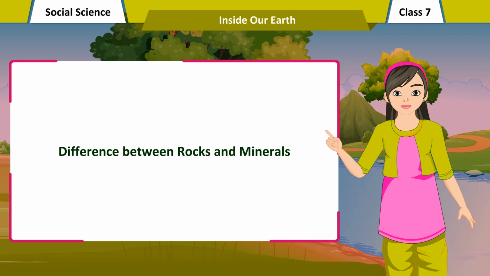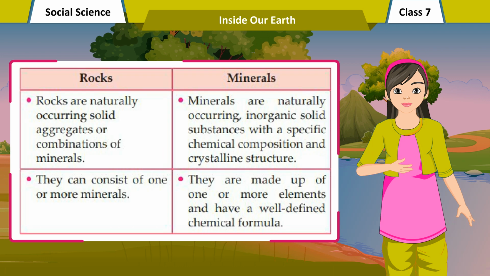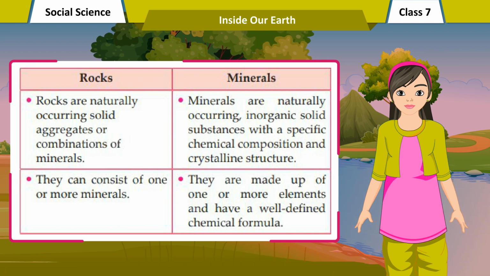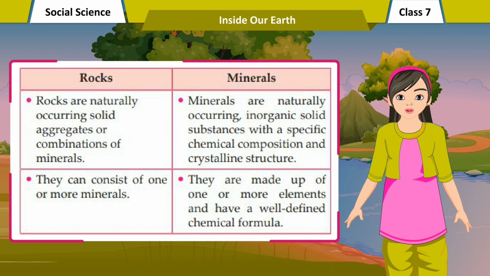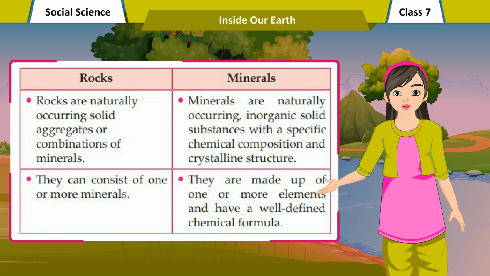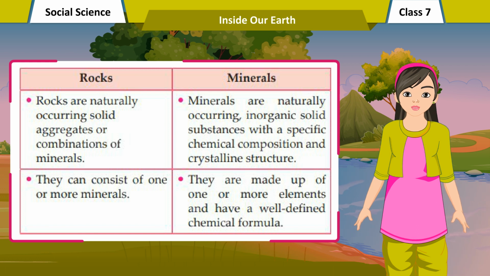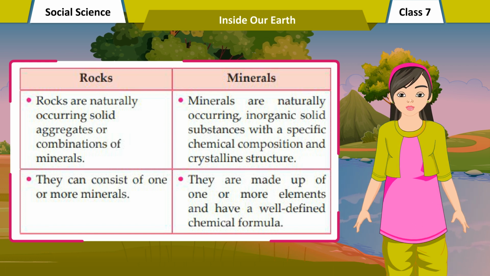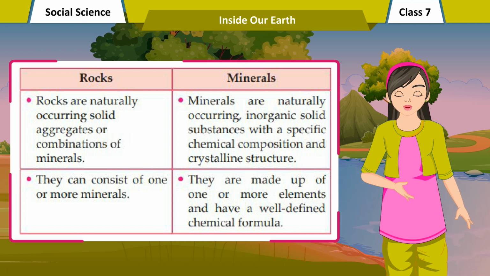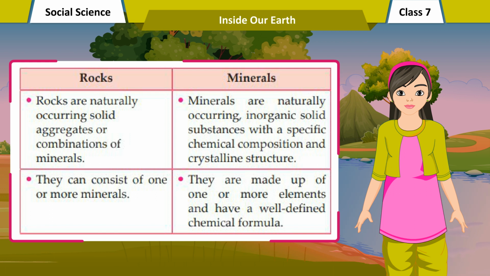Difference between rocks and minerals. Rocks are naturally occurring solid aggregates or combinations of minerals. Minerals are naturally occurring inorganic solid substances with a specific chemical composition and crystalline structure. Rocks can consist of one or more minerals.